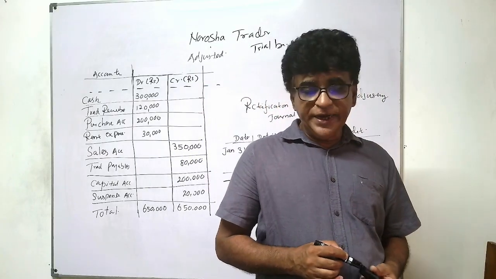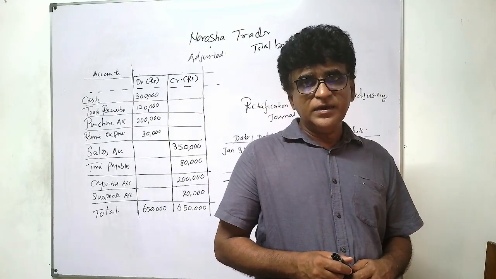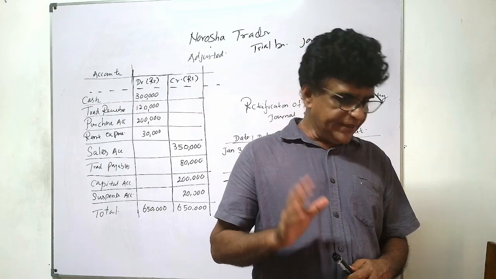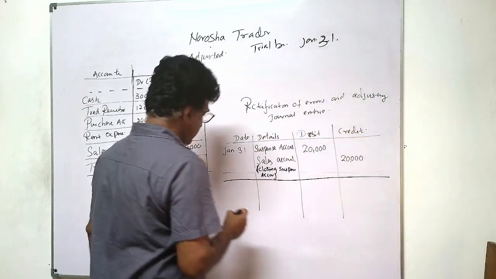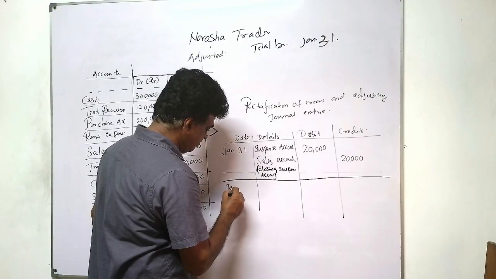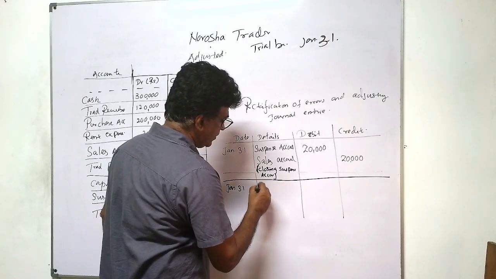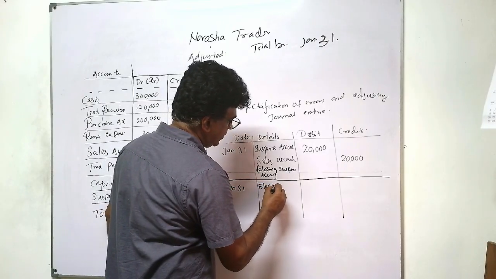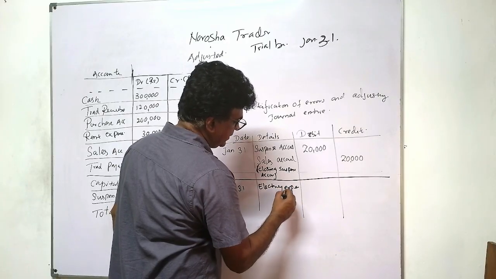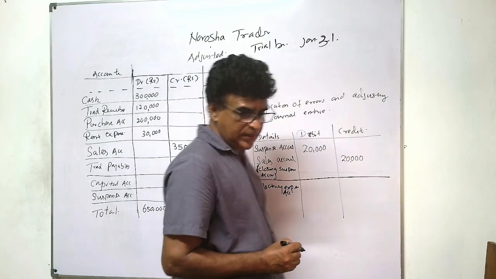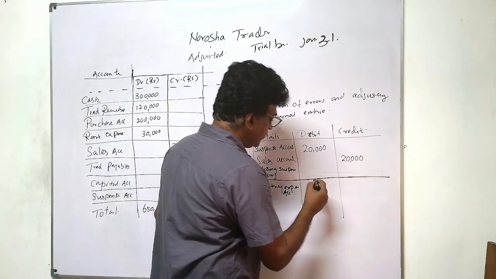The other two entries are adjustments. Electricity expense account, right? January 31st. Electricity expense account, we have to debit by 4,000 rupees.